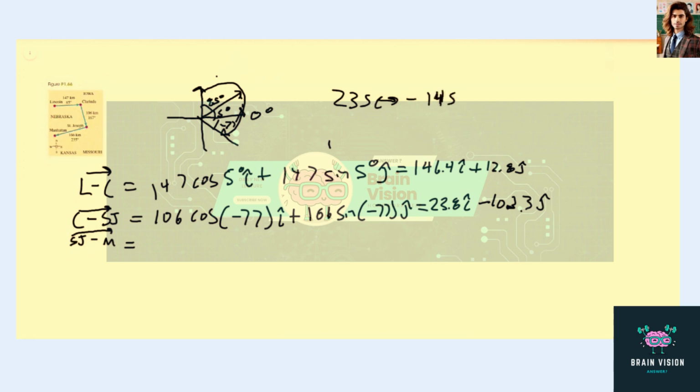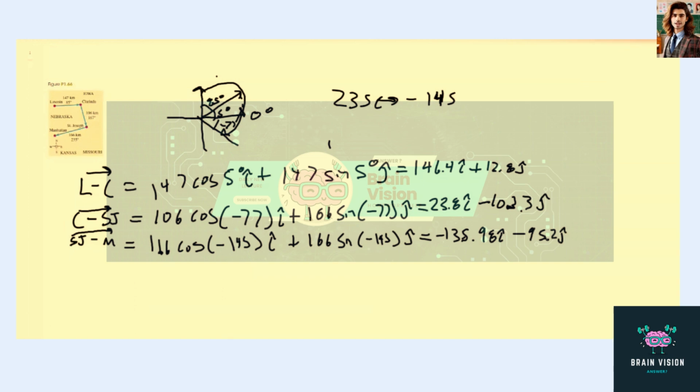So starting at east at 0, and where counterclockwise is the way that angles are positive, we're going counterclockwise 145 degrees from 0. So we can write this as 166 times the cosine of negative 145 i hat plus 166 times the sine of negative 145 j hat, which just equals negative 135.98 i hat minus 95.2 j hat.